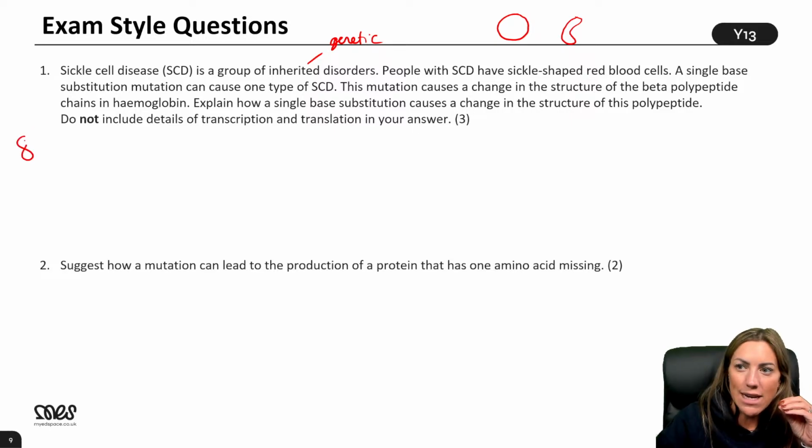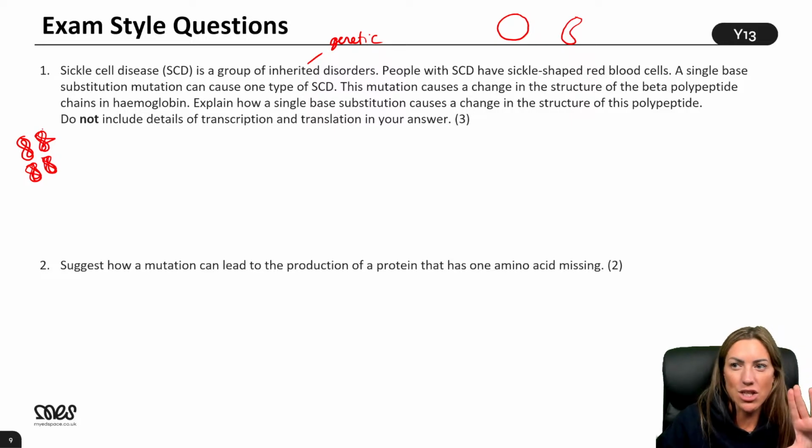Hemoglobin is actually made up of 4 polypeptide chains. I'll just try and draw it here. If there's a mutation in one of the genes, just one single base is substituted, it changes the shape of one of these polypeptides. And then the hemoglobin is the wrong shape. And then the red blood cell ends up being the wrong shape.